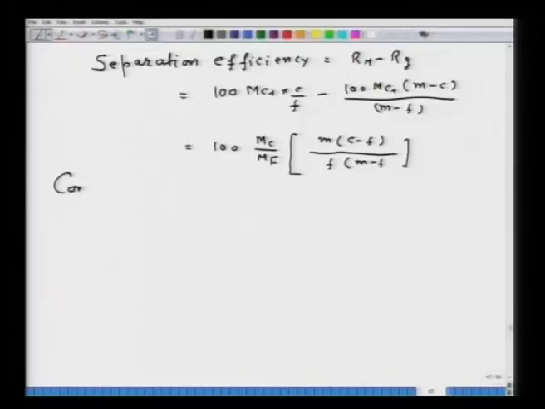Now, let me give a very simple problem to illustrate this. Let us consider the concentration of tin oxide mineral SnO2 in cassiterite ore.